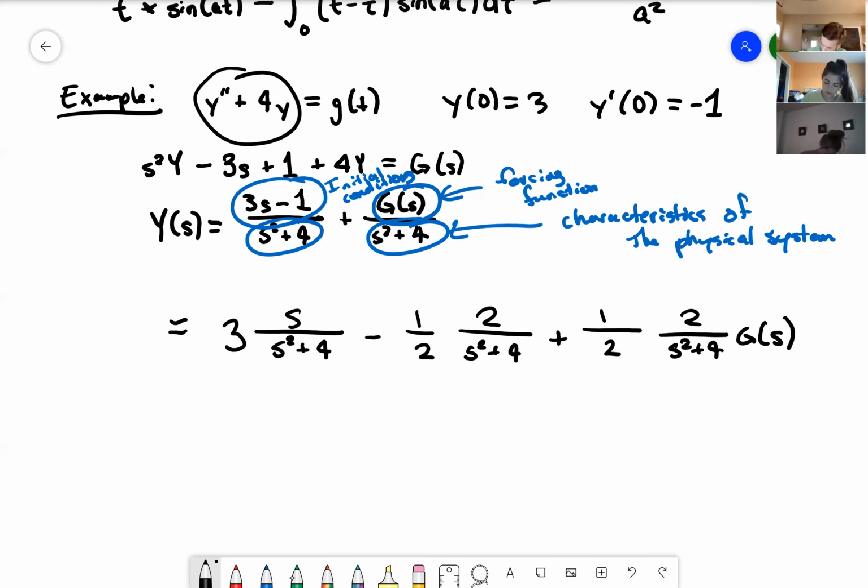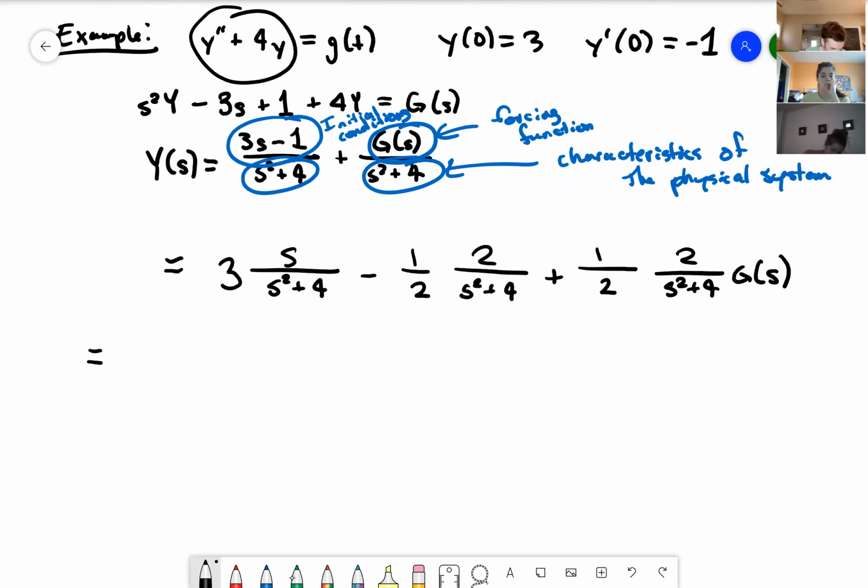Okay. Now, these first two we know: 3 cosine 2t minus 1/2 sine 2t plus 1/2.